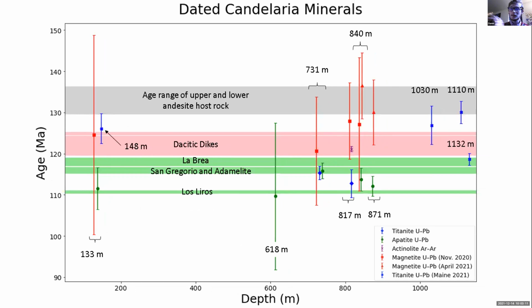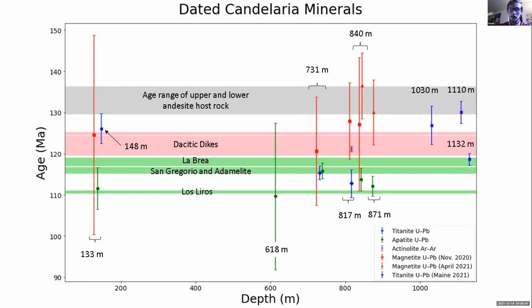So, taking a step back to think about the possible origins for the mineralizing fluids, we know from previous iron and oxygen isotopes that the magnetite precipitated from magmatic hydrothermal fluids, or possibly magmatic. Now this diagram overlays our new dates with ages of known igneous activity in the area.